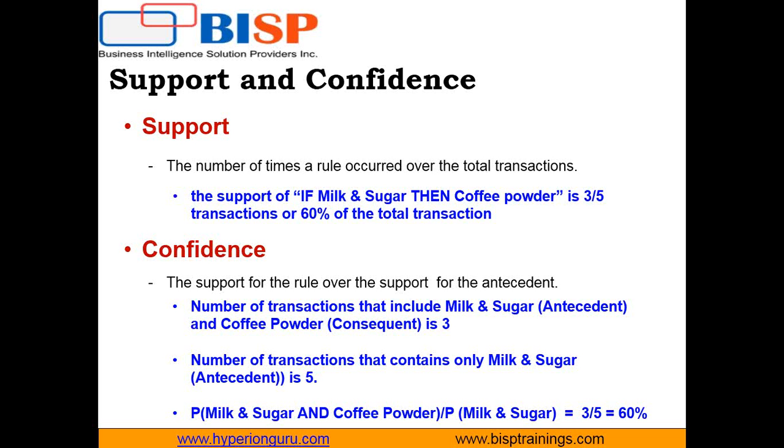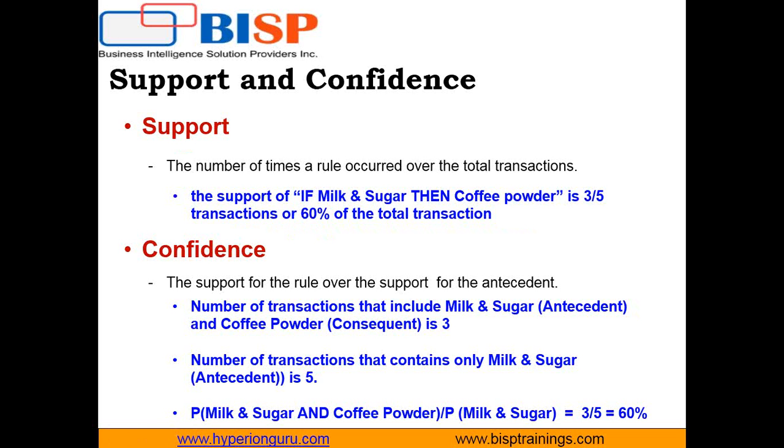Hence we can say that the association rule has a confidence of 60%. So the higher the confidence, the stronger the rule is.